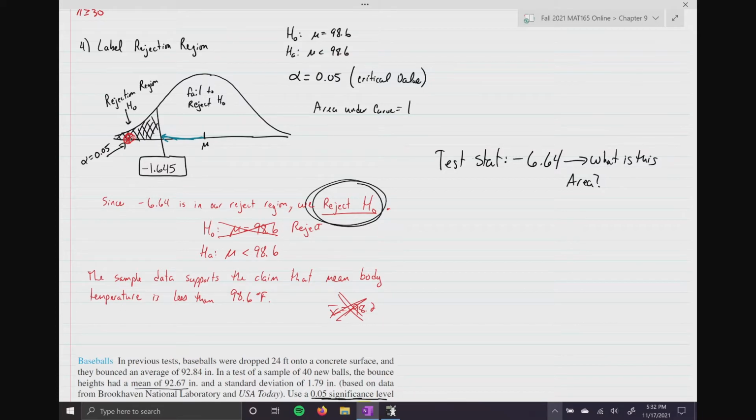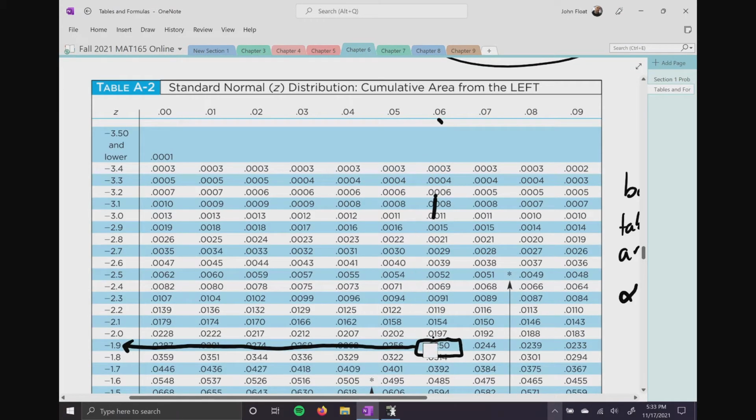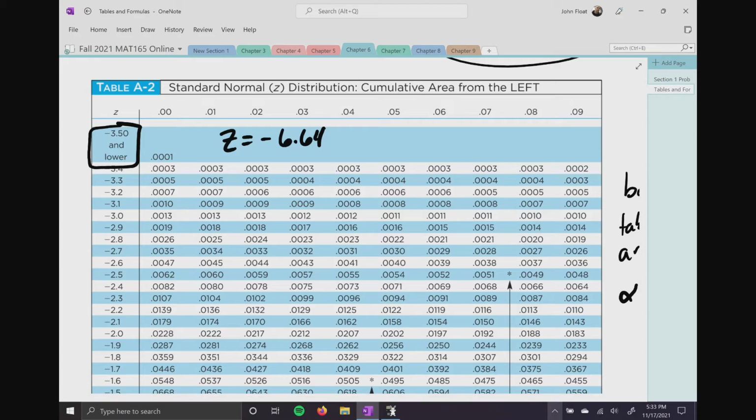So if I take my table and try to find, I'm going to write it up top here, z equals negative 6.64. Notice the very first thing it says is, if you got negative 3.5 or lower, which means to the left, just use 0.0001 for an area. So that's what I'm going to do.